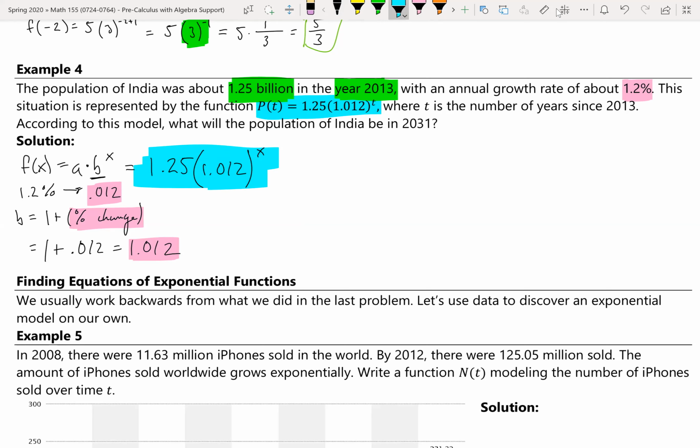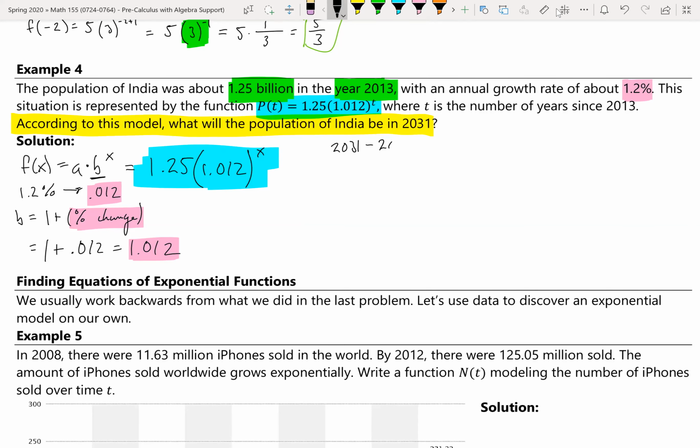All right. We haven't answered the question yet. According to the model, what will be the population of India in 2031? That's how many years? So 18 years. How'd you get that? 31 minus 13.